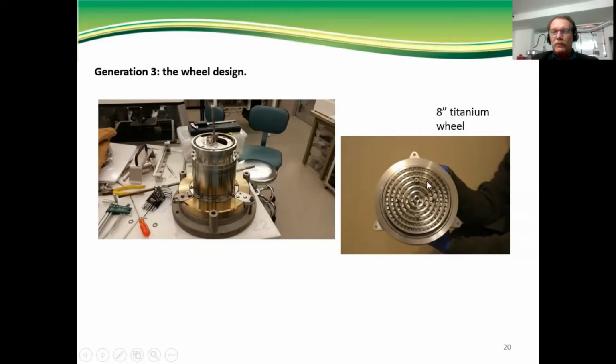This is showing the cathode wheel before it was used, still in its metal state. But there are a whole bunch of channels between the holes here. And what happens is when you strike a plasma in one of the holes, the channels conduct the plasma all the way around to the other holes. So you get very even striking. And that was our solution which allowed us to go to larger areas.